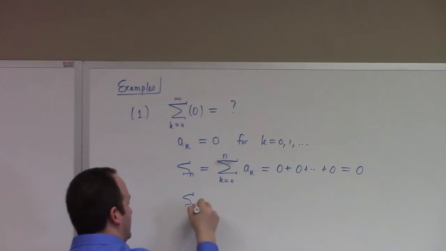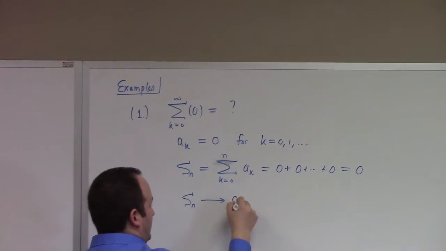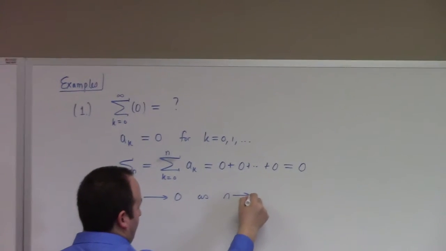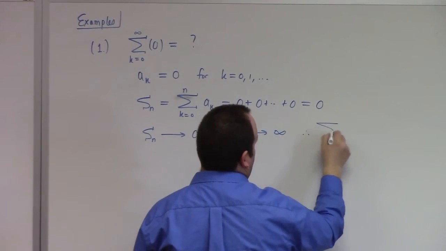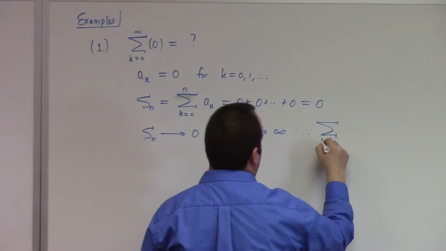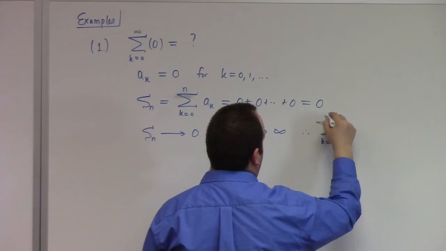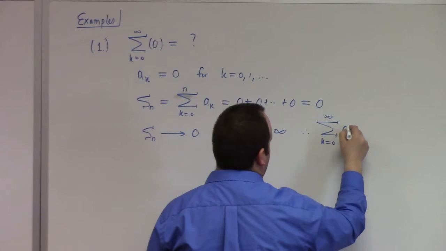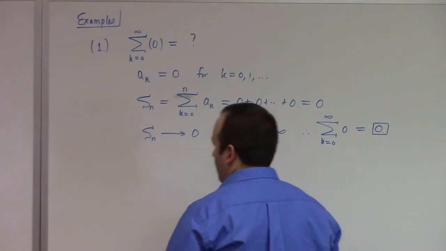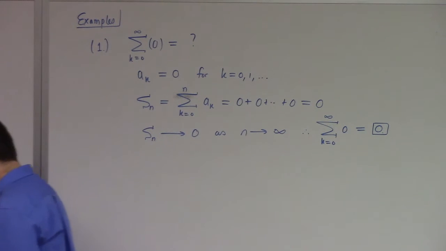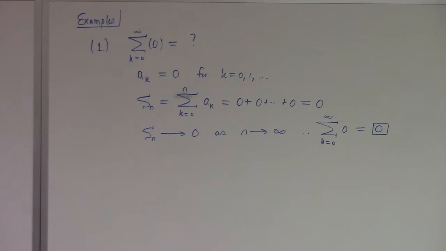S sub n goes to 0 as n goes to infinity. Therefore, this series of adding 0 infinitely many times does indeed converge to 0. The sum of this series is 0. That's good. It would be disturbing if anything else happened.